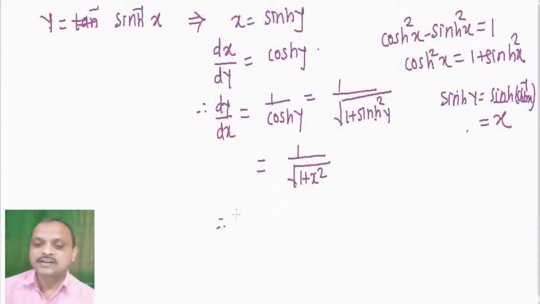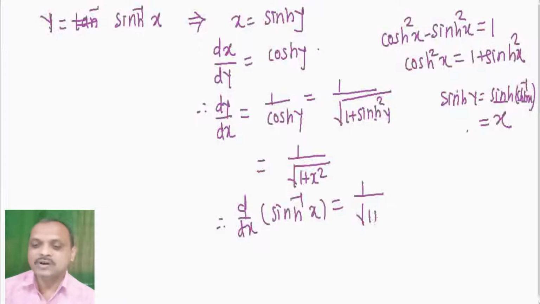Hence d by dx of sinh inverse of x equal to 1 divided by under root of 1 plus x square.